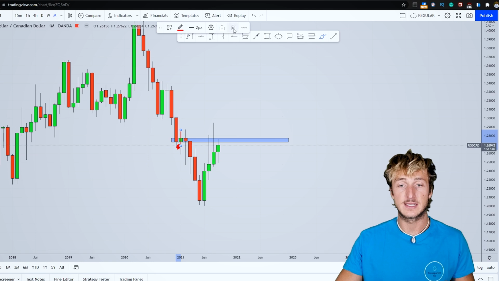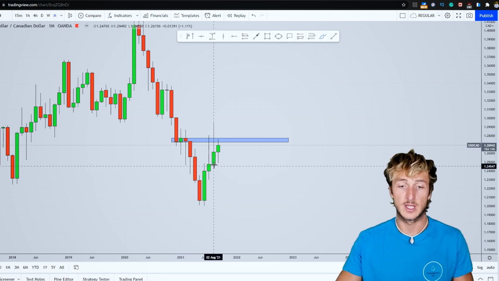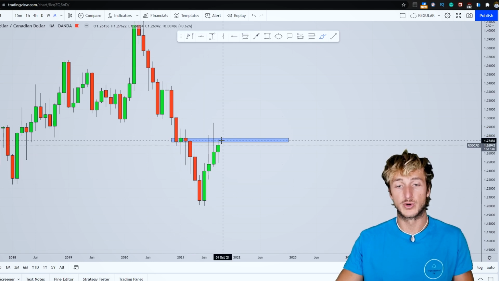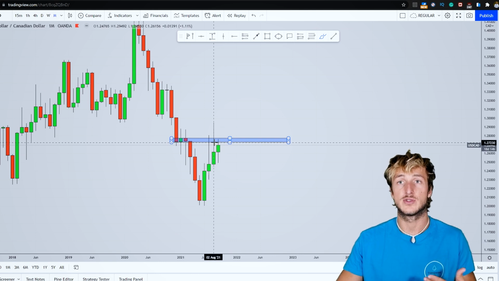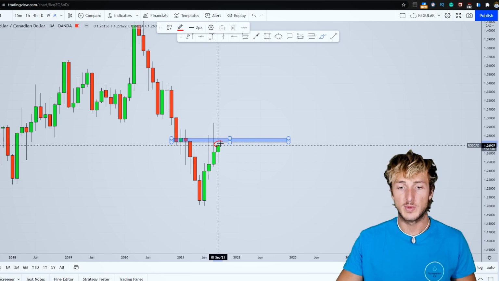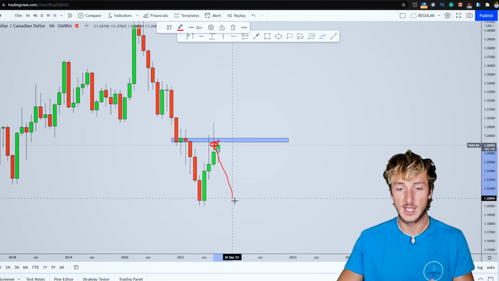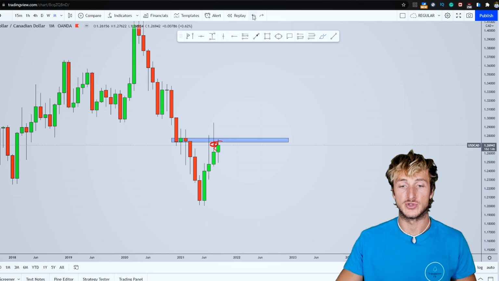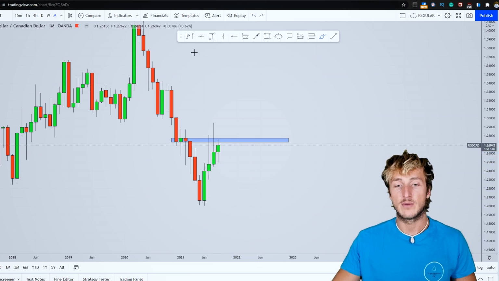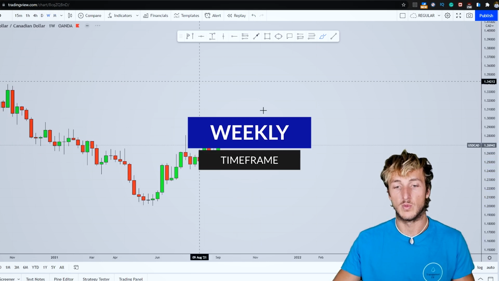And since the market has now broken below the support, as you know, in the market, previous support, once it is broken to the downside, is turned resistance. So at the moment here, what we're testing is previous monthly support turn resistance, and we can expect a rejection to the downside. Now, if we go down on the weekly time frame, what do we see?